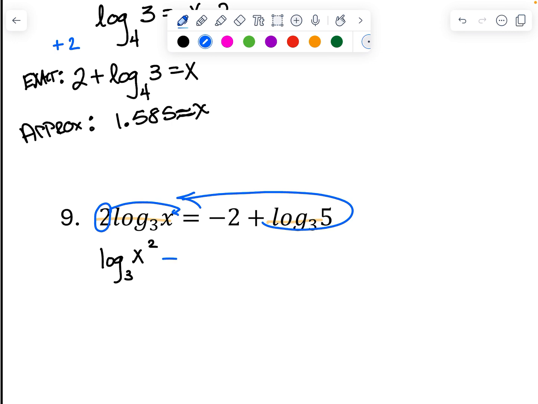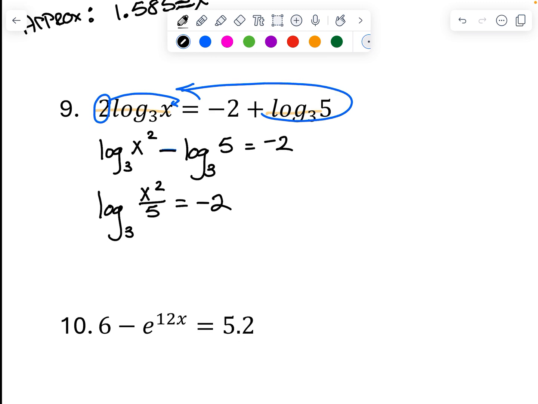And then it would be minus log base 3 of 5 equals negative 2. So that would be log base 3 of x squared over 5 is equal to negative 2.